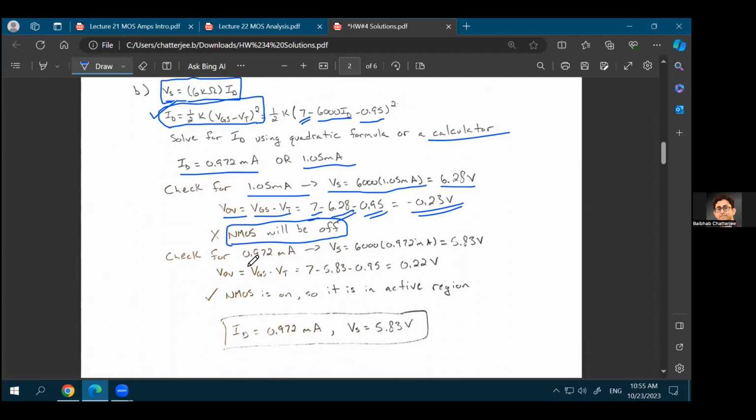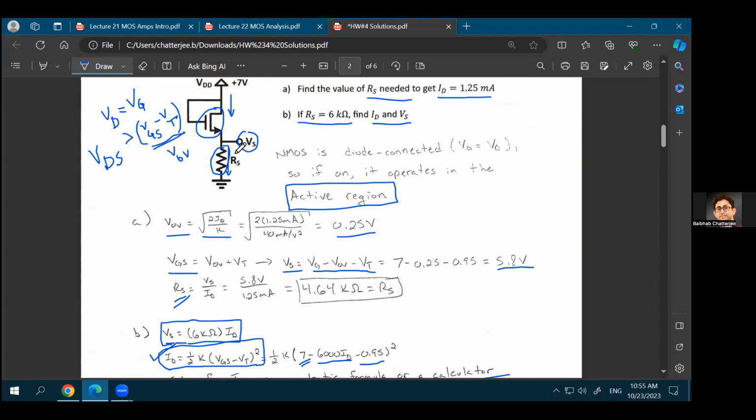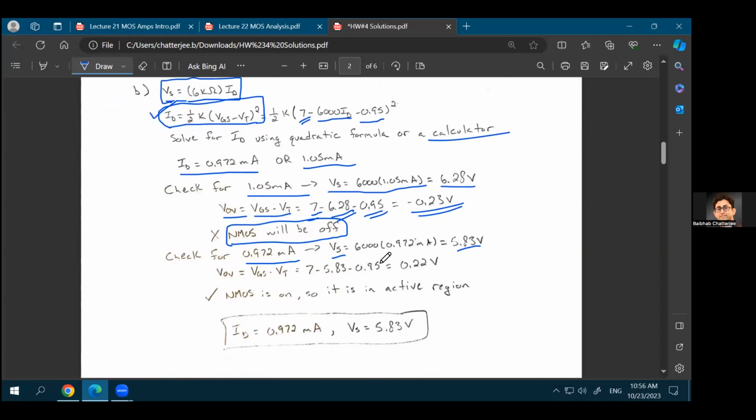But on the other hand, if you take ID to be 0.972 milliampere, you can again find out what would be your VS, because you know the value of this resistance, you know the value of the current flowing through it, so you can find out what would be the voltage at the source. So as you find out the voltage at the source, you can find out what is VGS. And in this case, you'll see VGS is this 7 volt minus 5.83 volts.